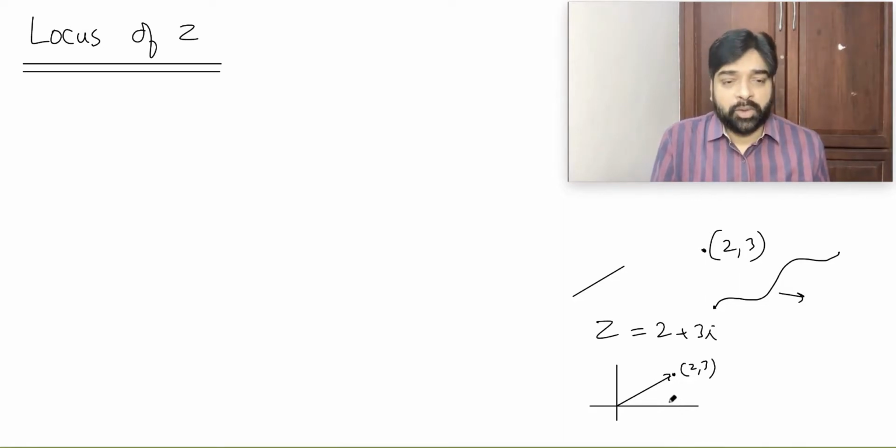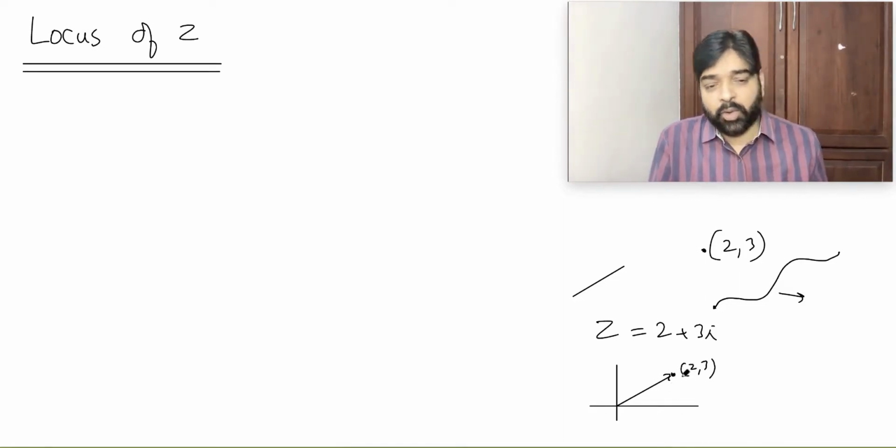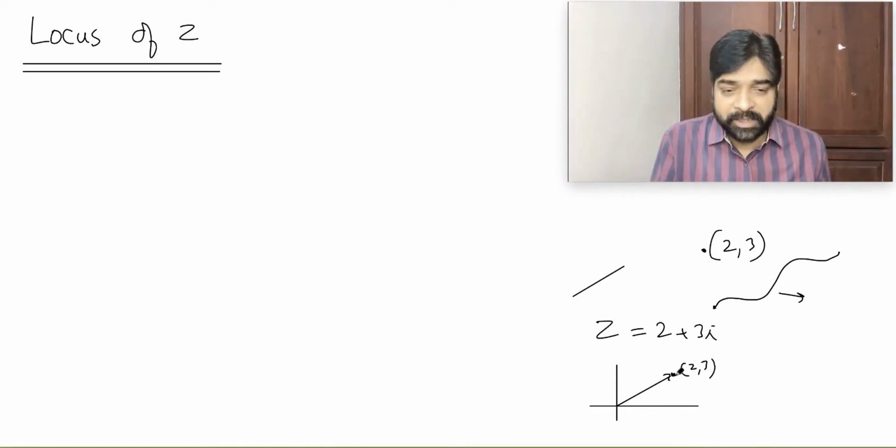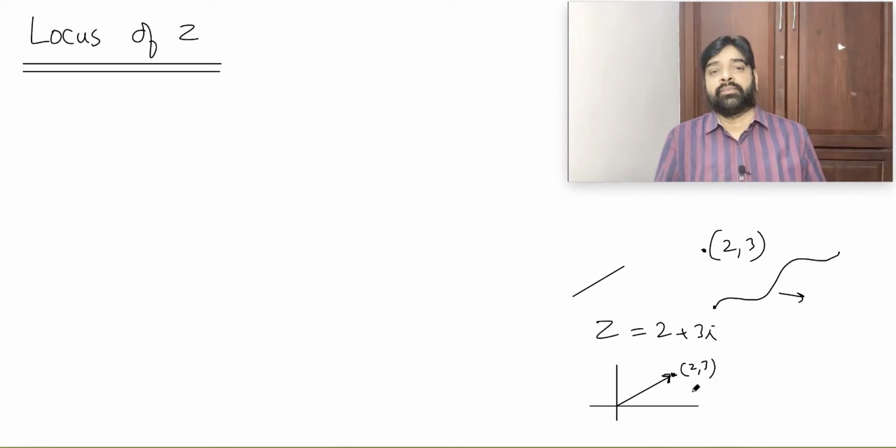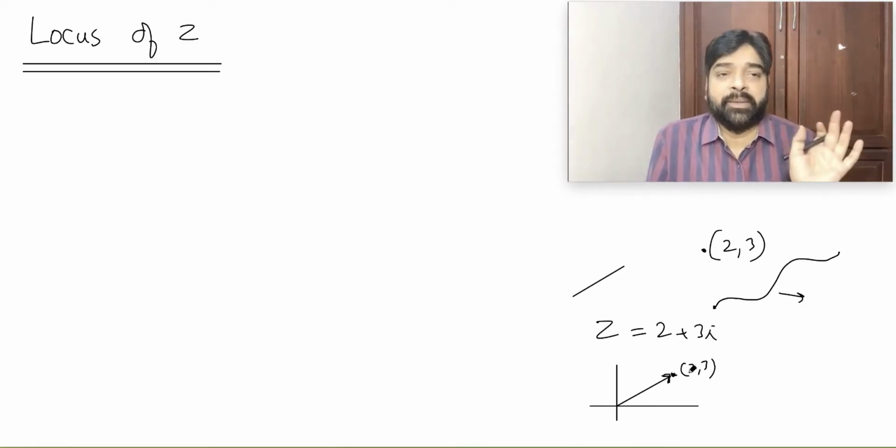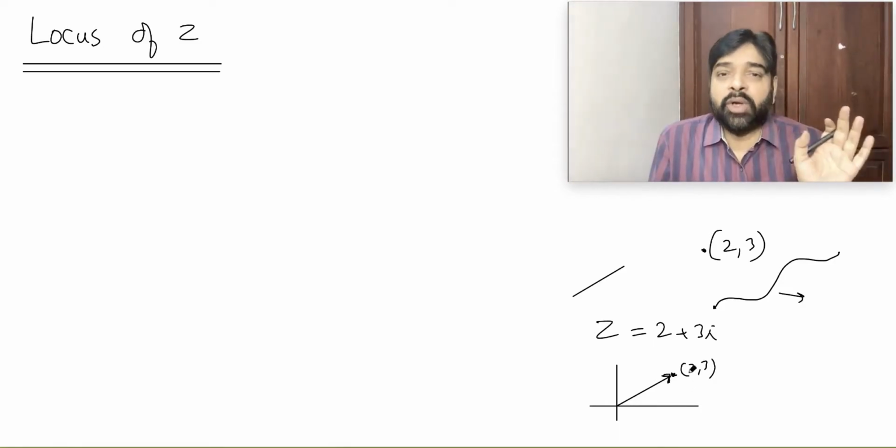Yes or no? So if I say locus of z, it means locus of this tip of the arrow. Did you understand the meaning of the question? Locus of z means the tip of the arrow, how it's going to move.